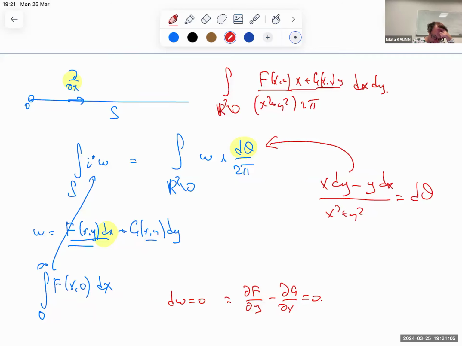Okay, how to find this integral? Why should it be equal to this one? Any ideas?